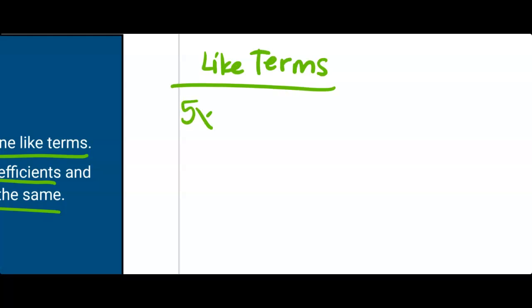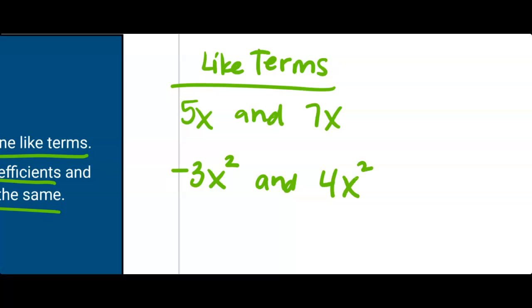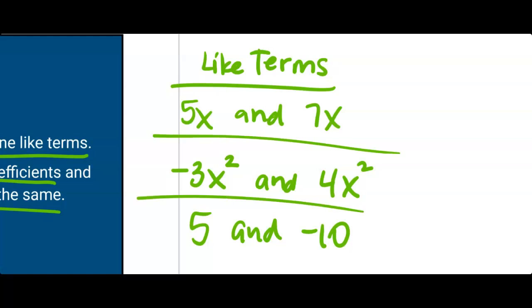So remember, like terms would be like 5x and 7x, or negative 3x squared and 4x squared, or 5 and negative 10. Those are all like terms individually, because they all have the same variable with the same exponent, or they don't have a variable.